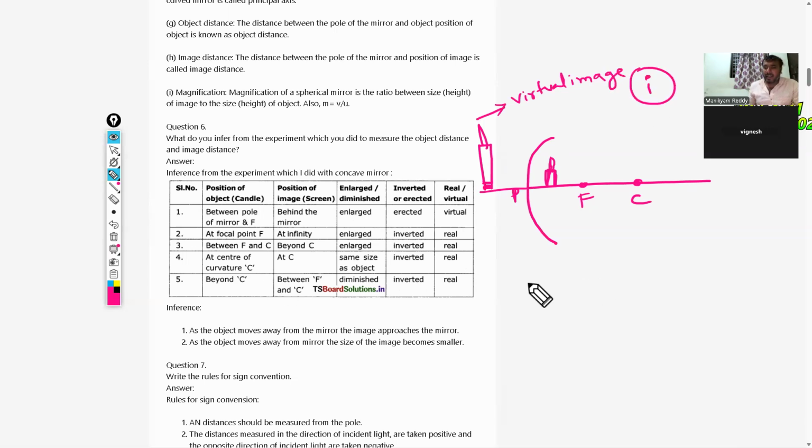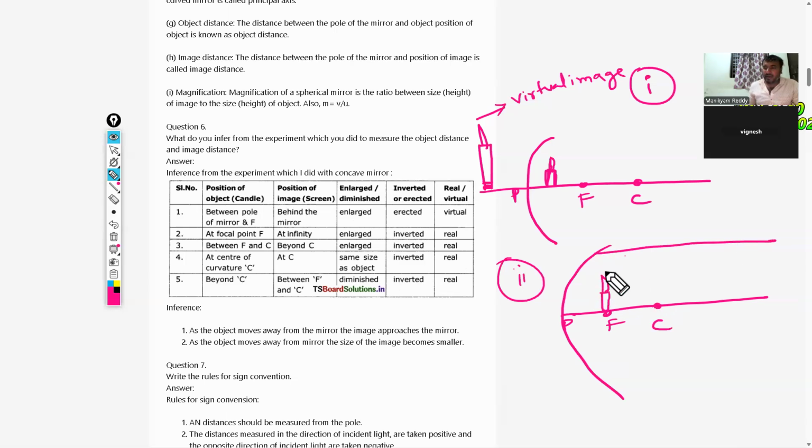What is the second one? Object kept at focal point. Pole, focal point, center of curvature. Object kept at focal point. Where is the image formed?